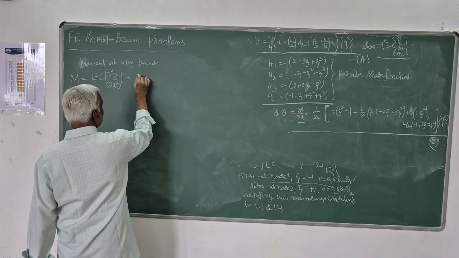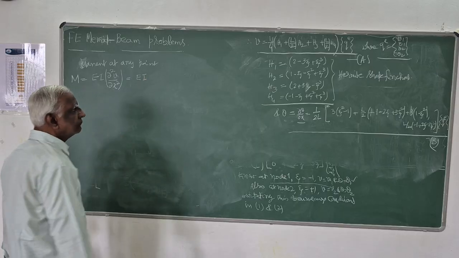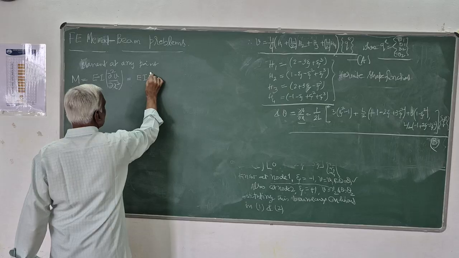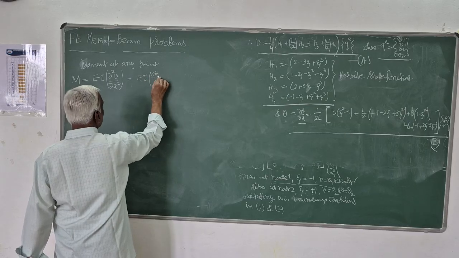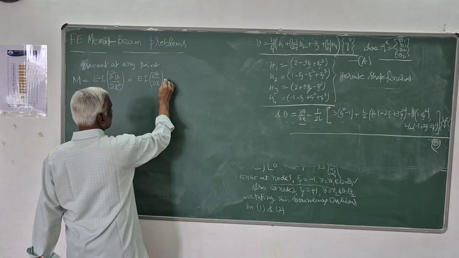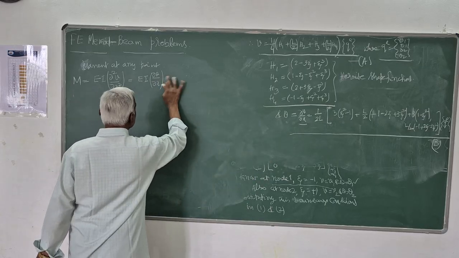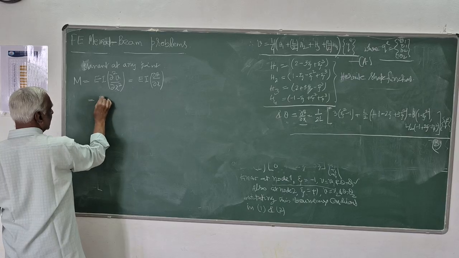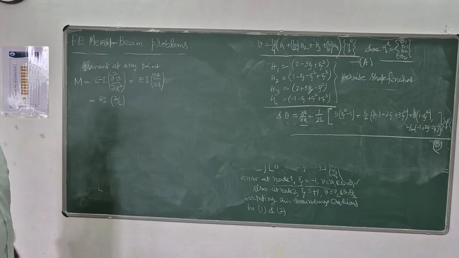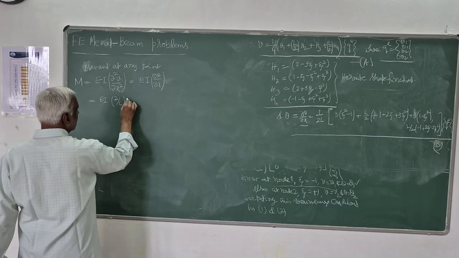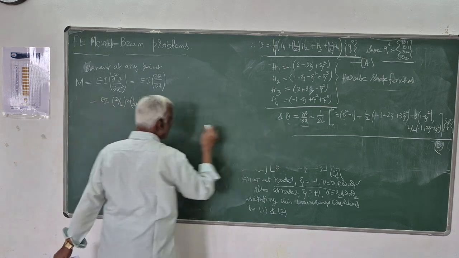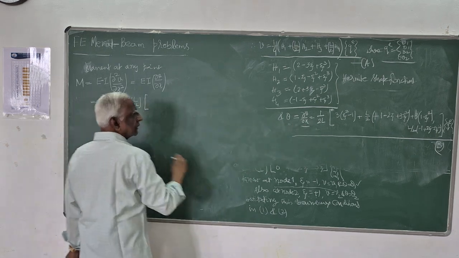That is nothing but EI into d by dx of theta, delta theta by delta x. So that is nothing but EI into 2 by L, that is the Jacobian inverse, multiplied by 1 by 2L into this.